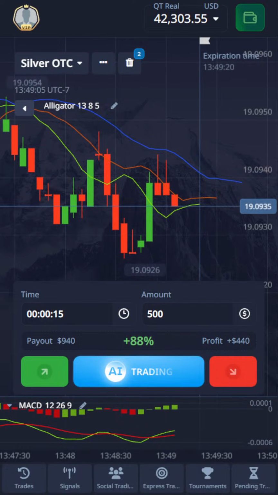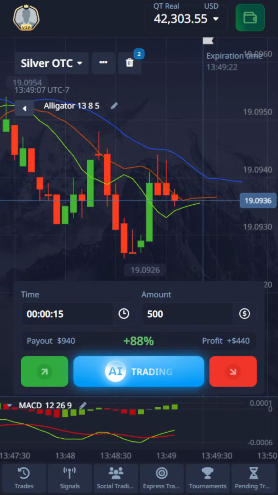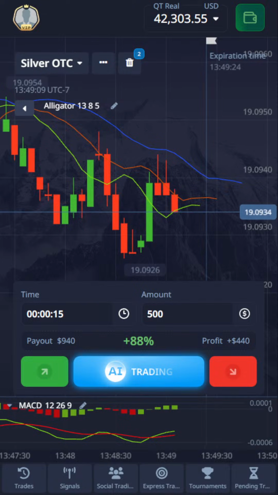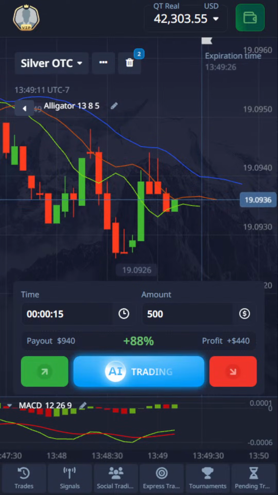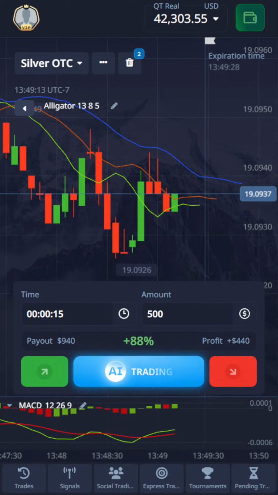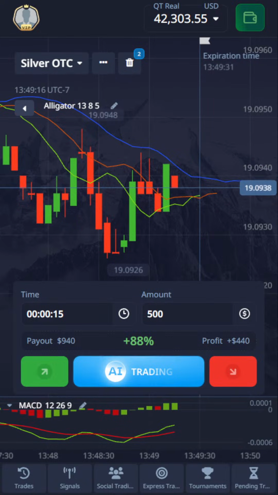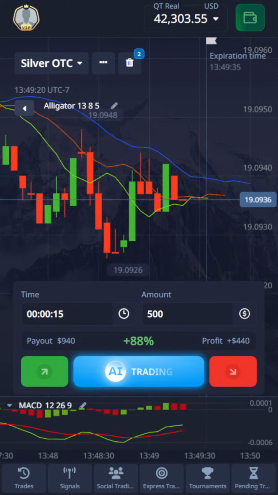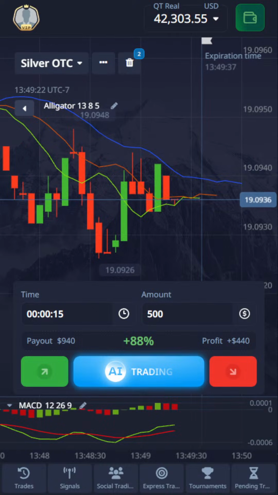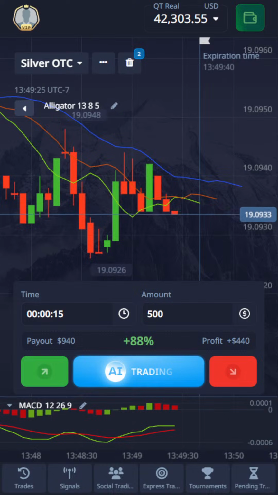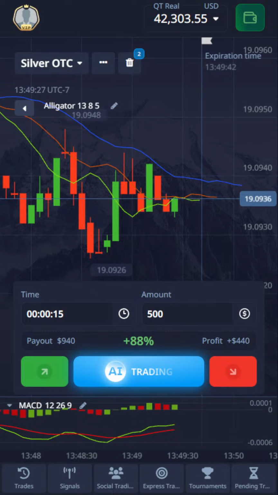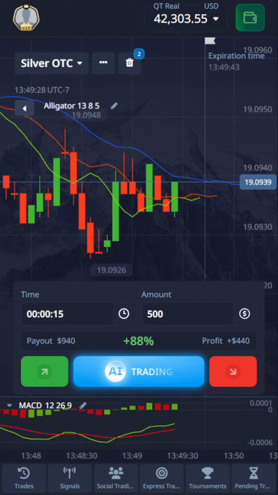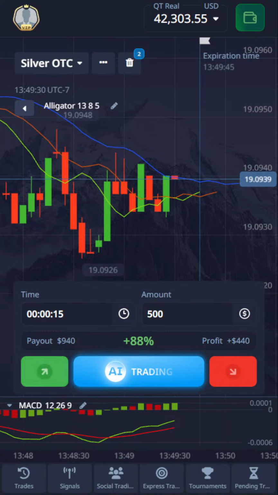It feels so good when you have 100 US dollars in your account and then you reach a point and you're like, okay, I started with this amount. I know I've made a few losses here and there. But as you can see right now, I have maybe like 80,000 US dollars.